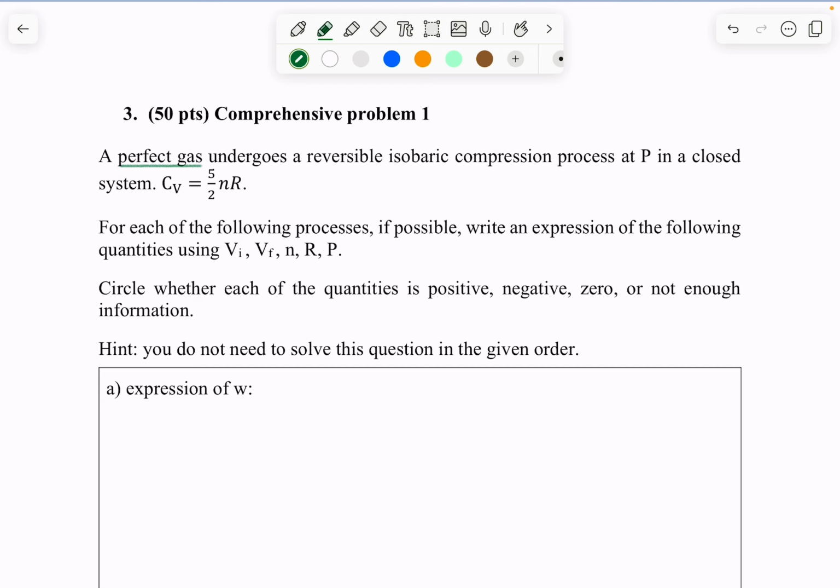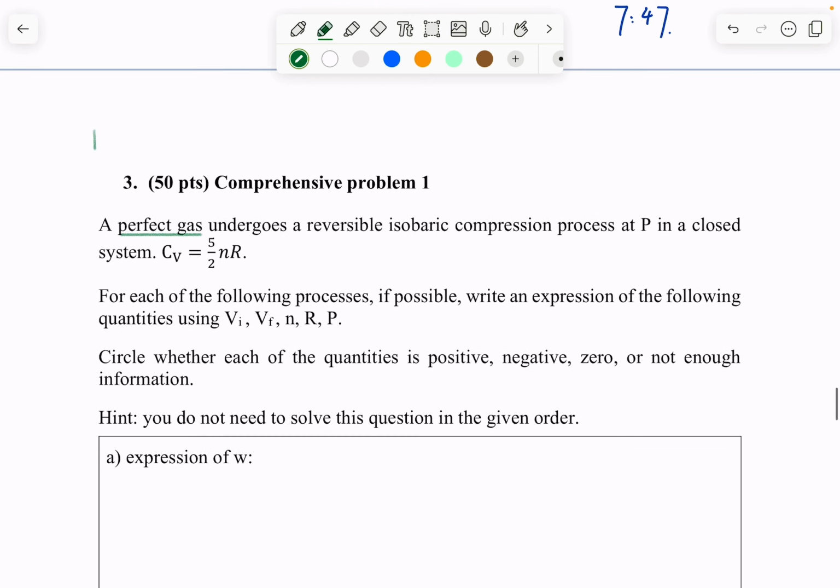A few things we know: for a perfect gas, PV equals nRT, dU equals Cv dT, and dH equals Cp dT. For this question, it undergoes a reversible isobaric compression.